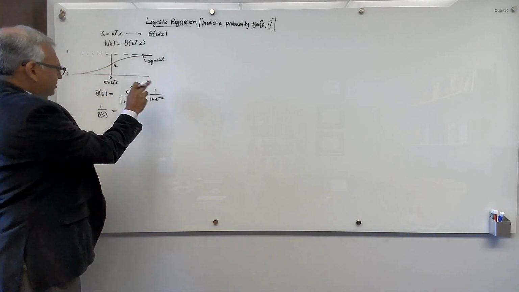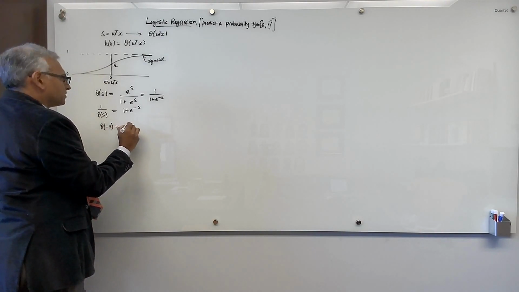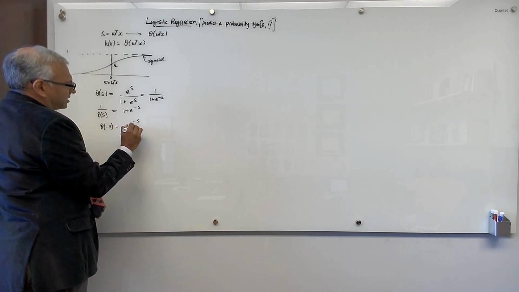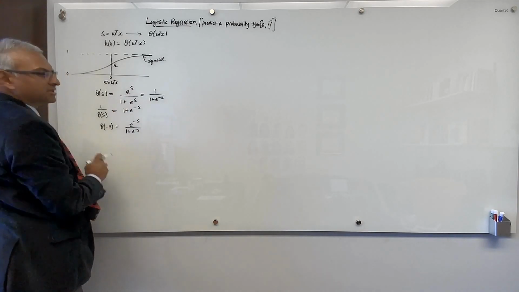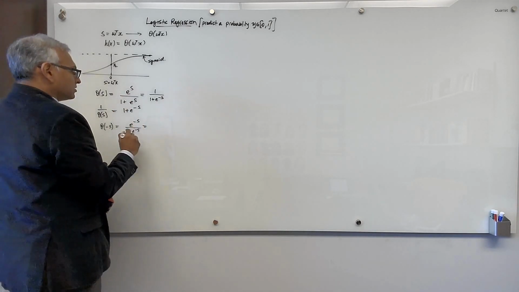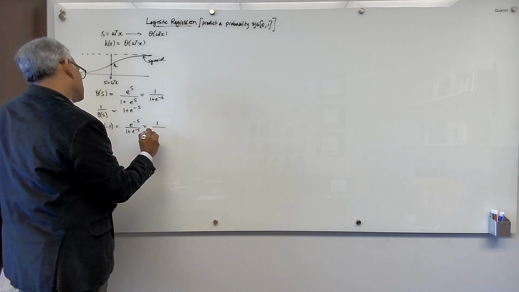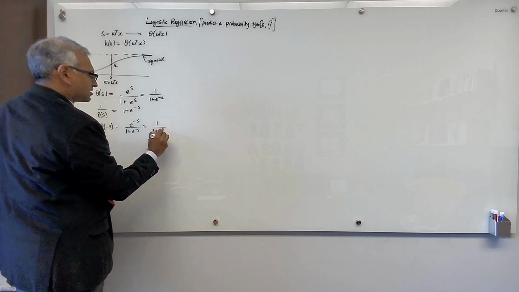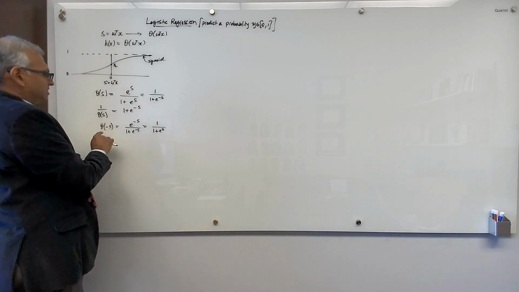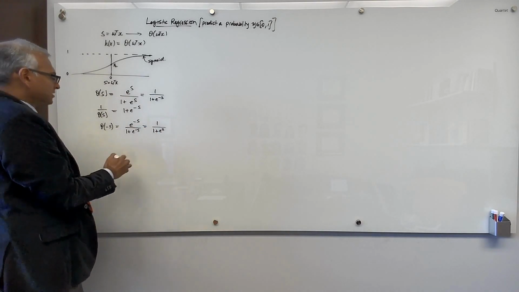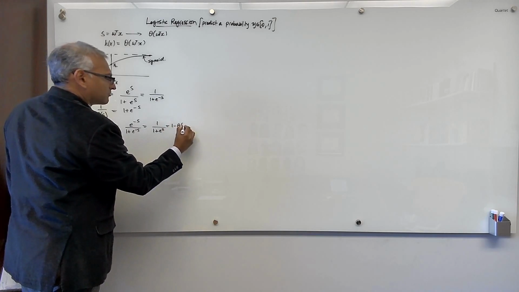Another useful property is that theta of minus s is equal to e to the minus s over 1 plus e to the minus s, which, multiplying top and bottom by e to the s, is equal to 1 over 1 plus e to the s. If I add theta of s and theta of minus s, I get 1. So theta of minus s is exactly 1 minus theta of s.